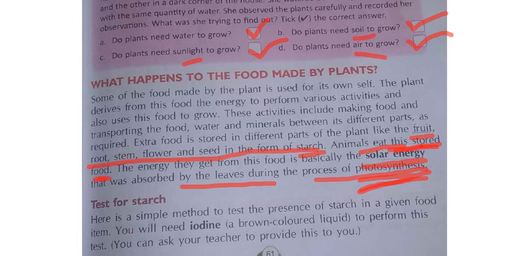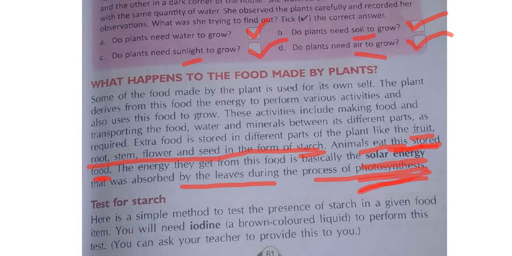And all the animals will come and eat the stored food. The starch will be present, no, they will eat the stored food from the plants, and when the animals eat the stored food from the plants, immediately animals also will get the solar energy.